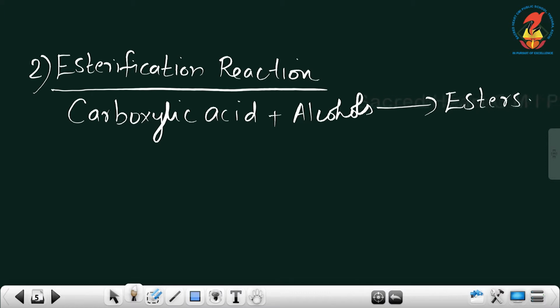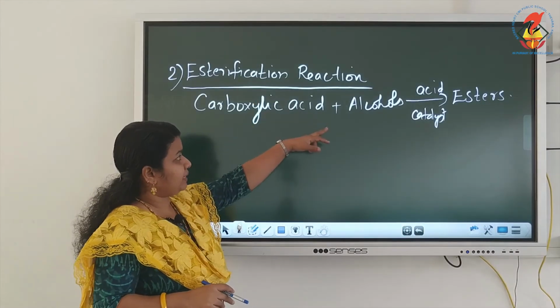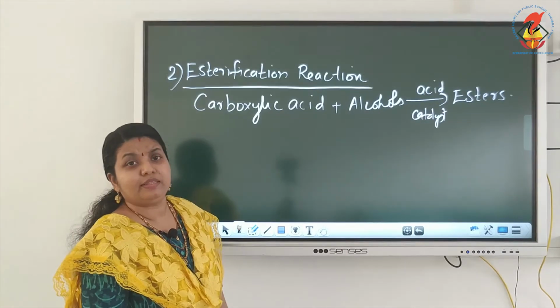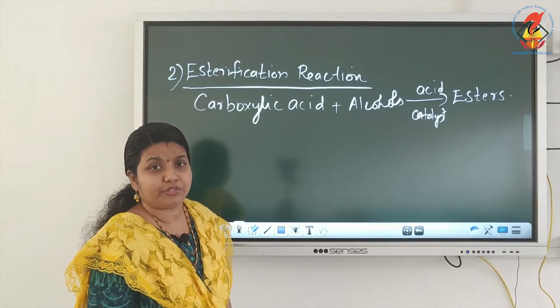This reaction is known as esterification. It is a reaction between a carboxylic acid and alcohol in presence of an acid catalyst. Concentrated sulfuric acid is mainly used as a catalyst here. So, carboxylic acids react with alcohols in presence of an acid catalyst to form ester. This reaction is known as esterification reaction.